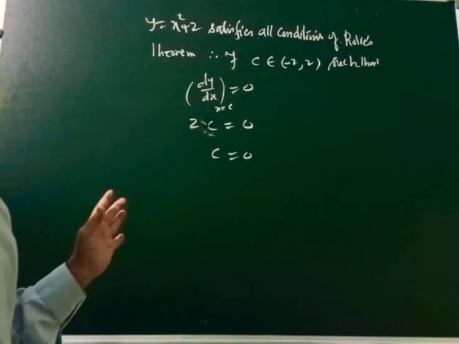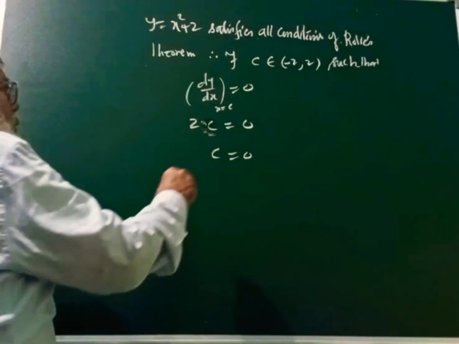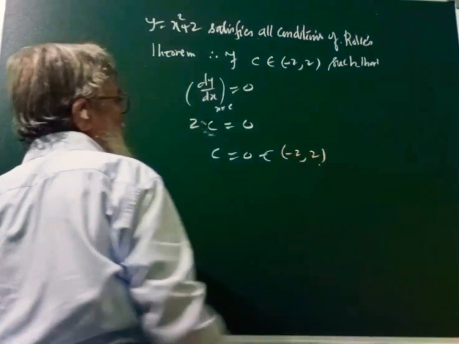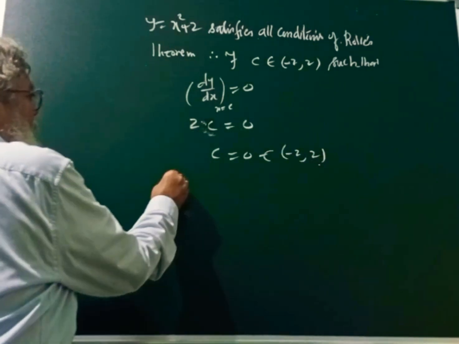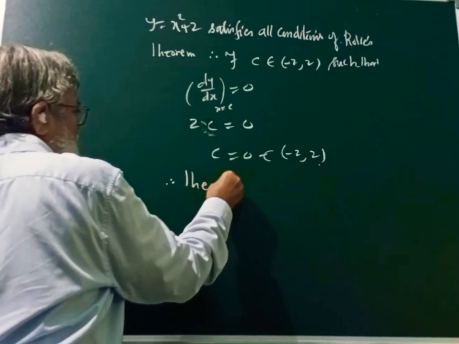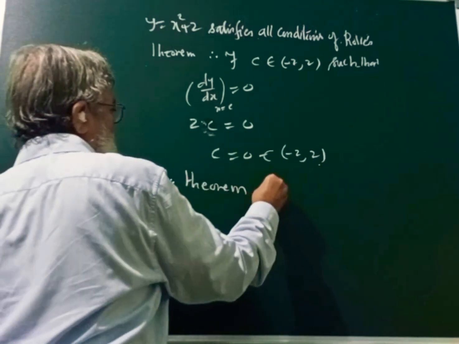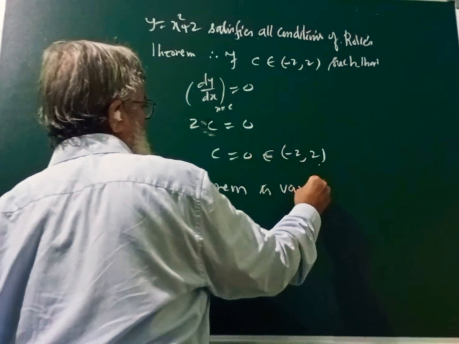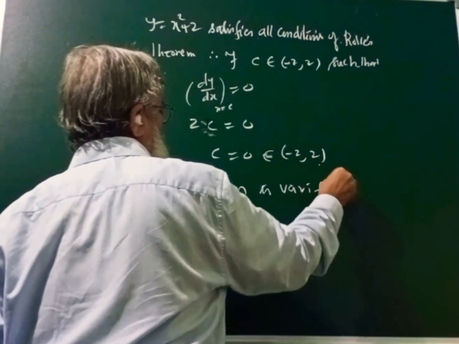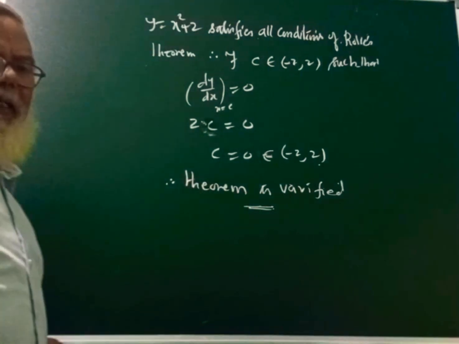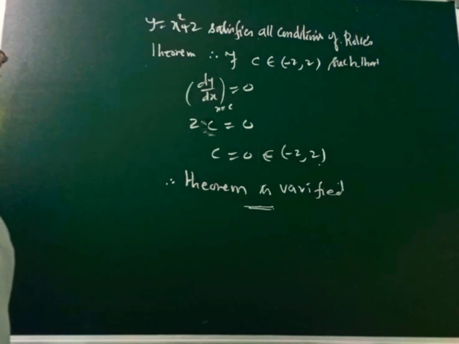That means Rolle's theorem is verified, since 0 belongs to the open interval minus 2 to 2. Hence, theorem is verified. So we get a value c inside the interval at which the derivative becomes 0.